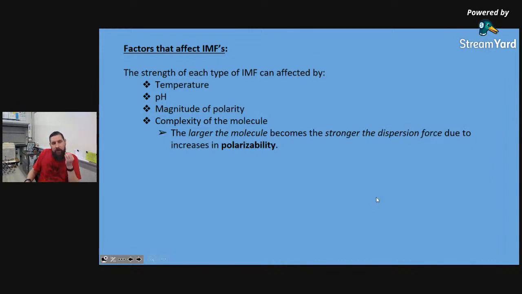What we have found is that the larger the molecule, the stronger the LDF, the London dispersion force. Because the larger the molecule, the more complex it is, the more electrons you have. And the more electrons you have moving around, then when they all do clump, you've got a larger clump of electrons and therefore a larger LDF.